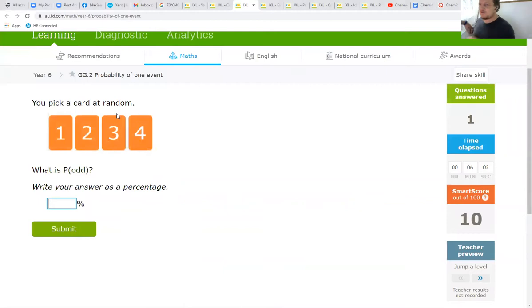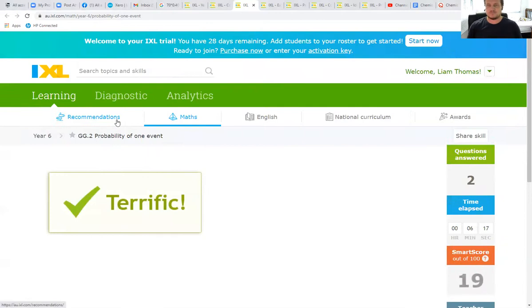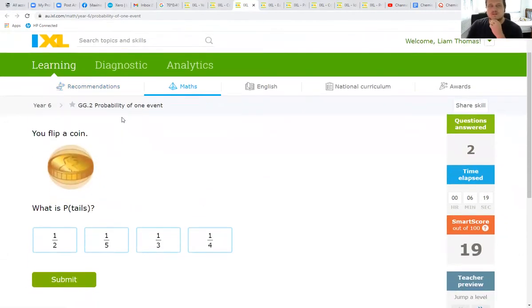Okay, what is the probability that you pull an odd number out of those four numbers? As a percentage, 50%, very good. Okay. What is the probability it lands on tails? 1 out of 2. So one event out of 2 possible events.